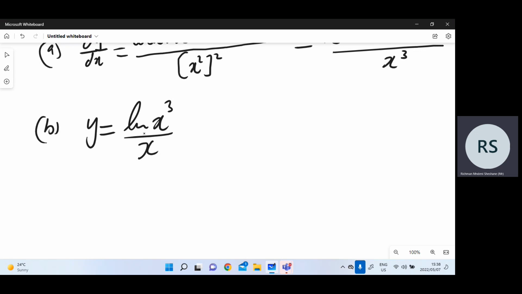Whenever you have ln, you can start by applying the log properties before you differentiate. So I have ln of x to the power of 3, and then by log property, I can take this 3 down here. We have a section, the last section, which is log differentiation.